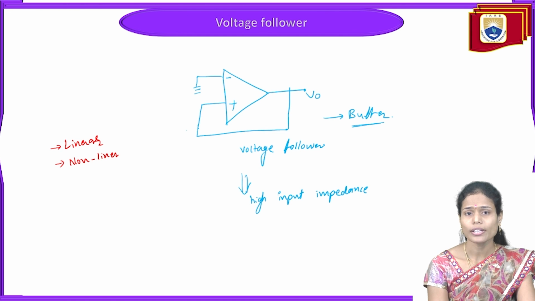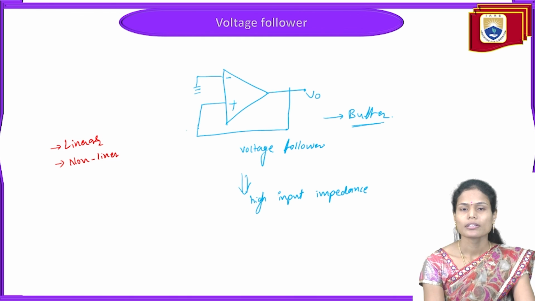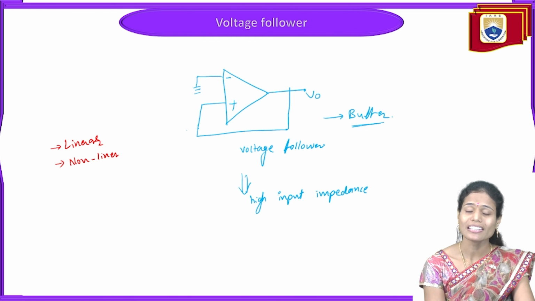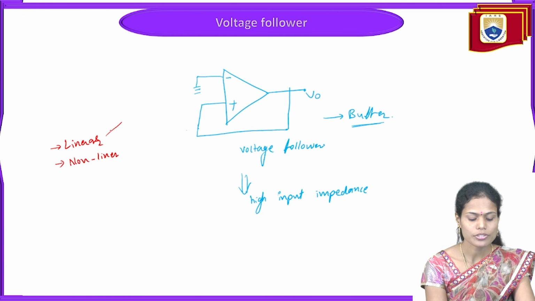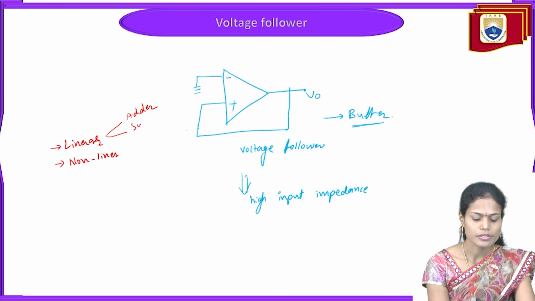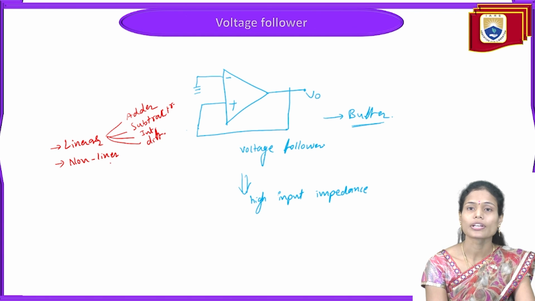In the case of non-linear applications, the output signal is not varying linearly with respect to the applied input signal. In the linear applications, we have seen the adder, subtractor, integrator, and differentiator, all of which come under linear applications.